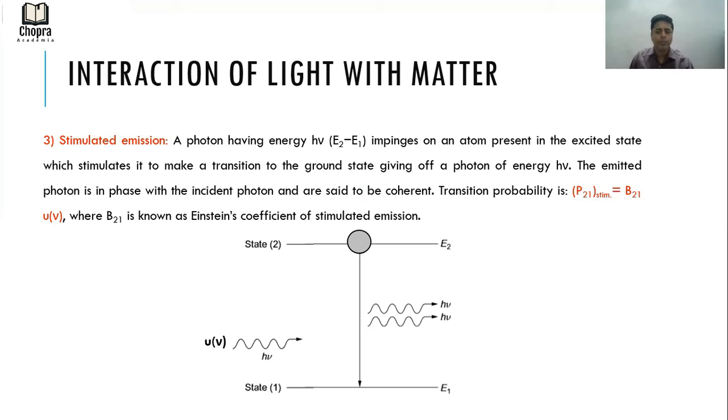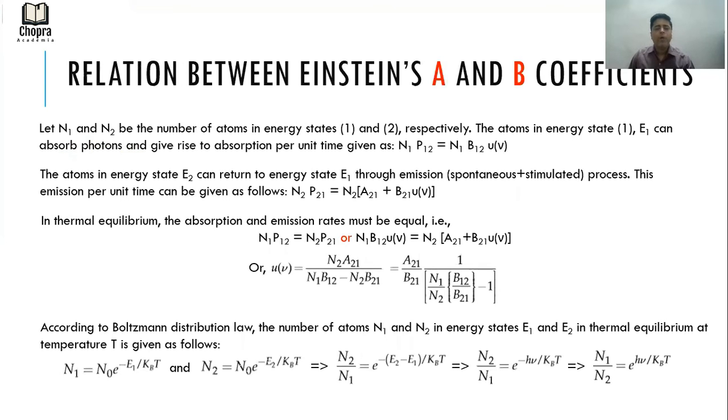Now, once we know what these Einstein coefficients are, we need to find how they help me understand laser action, and let us find some relations between these Einstein coefficients. This is a very important derivation to understand the working of lasers. So let us start with the derivation.